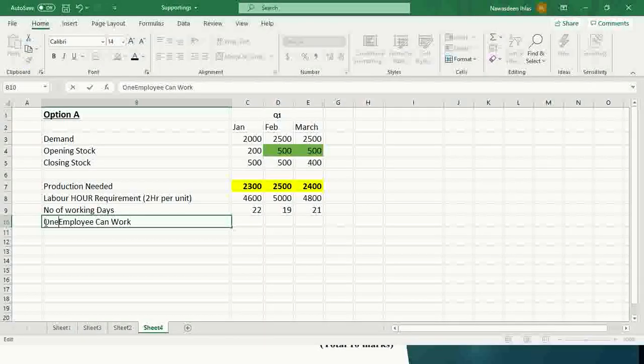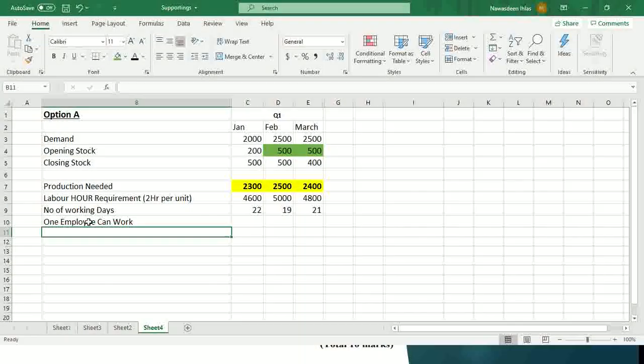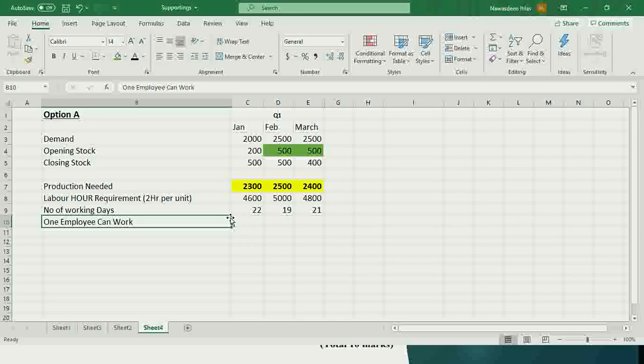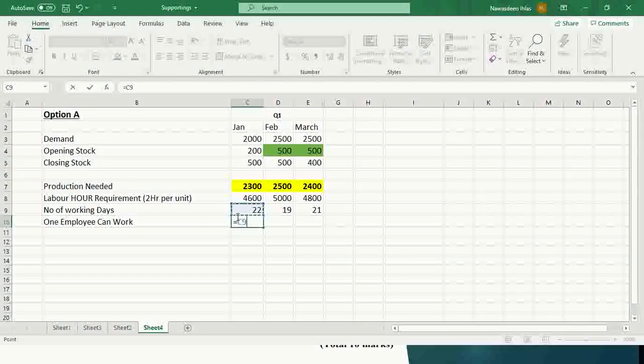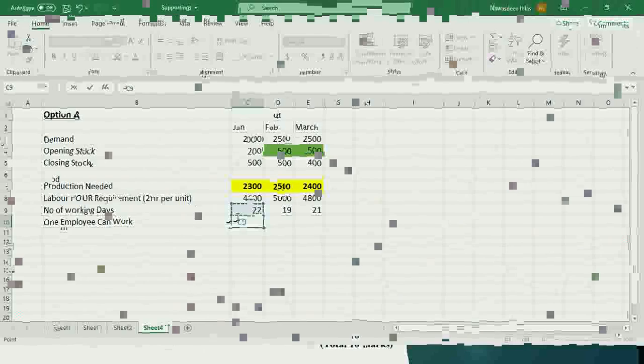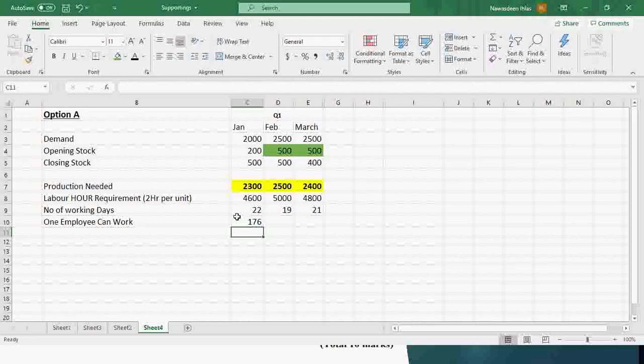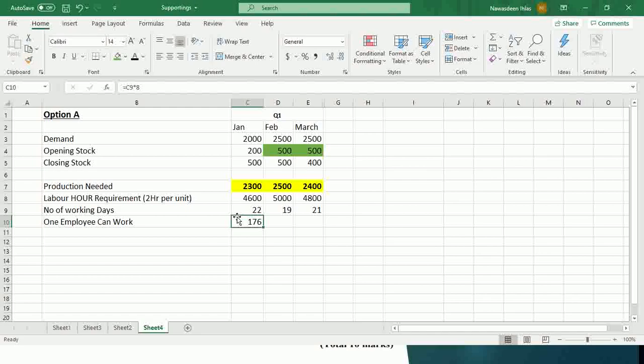We want to find the time required for one employee. So one employee can work, for this particular January month, 22 days. Per day he is working 8 hours, which means for January, one employee can work only 176 hours.